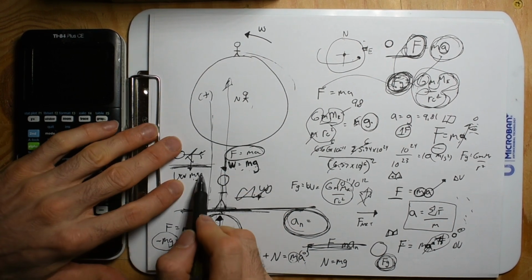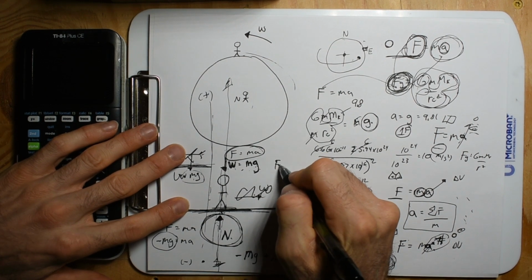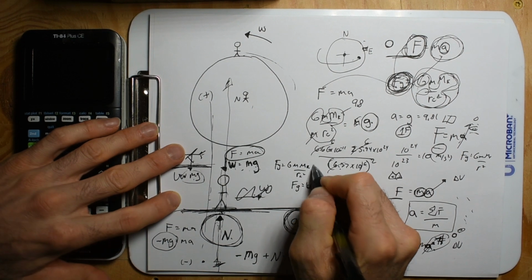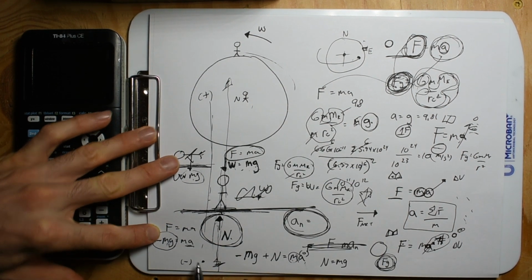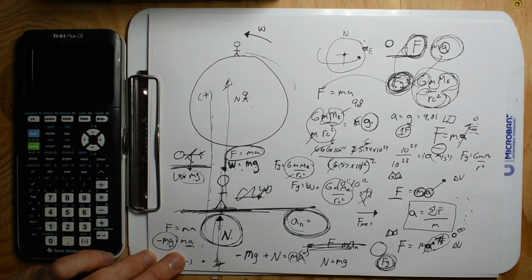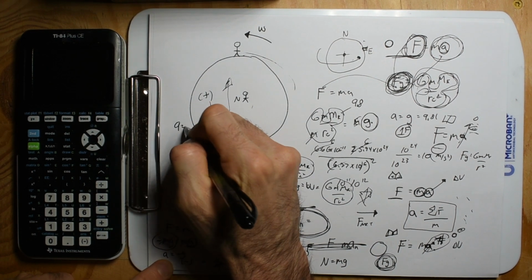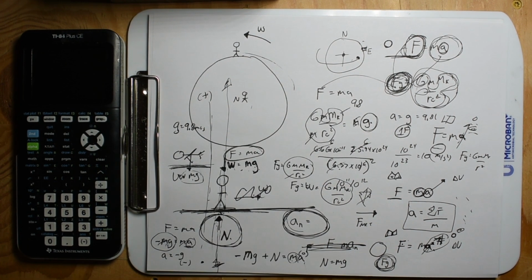You can also write the force of gravity as G m M_E divided by the radius of the Earth squared, and set that equal to mass times acceleration. If you wanted to solve for acceleration, our acceleration is negative g, and in this case g would be 9.8 meters per second squared.